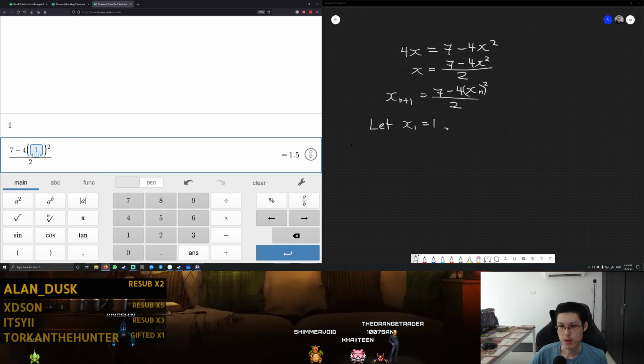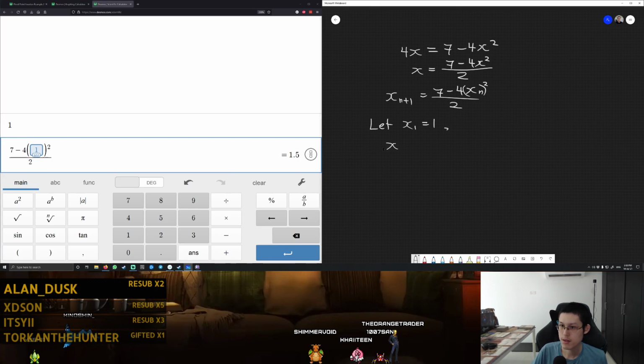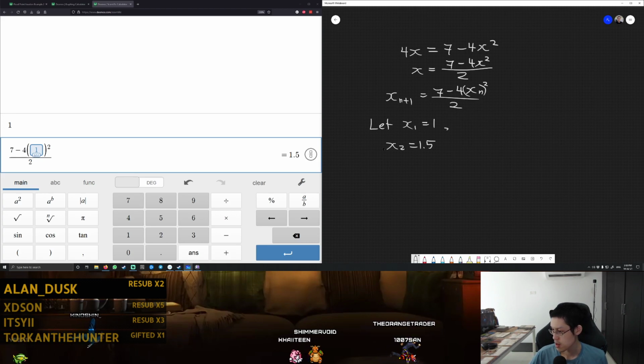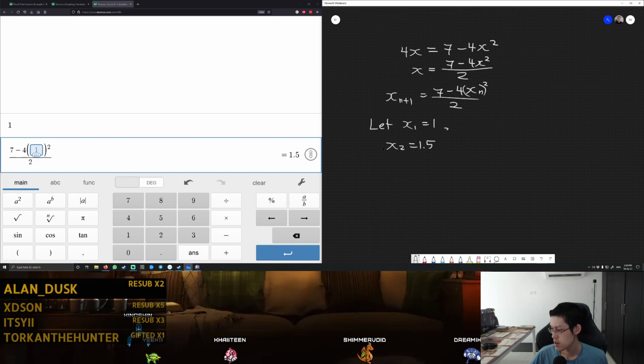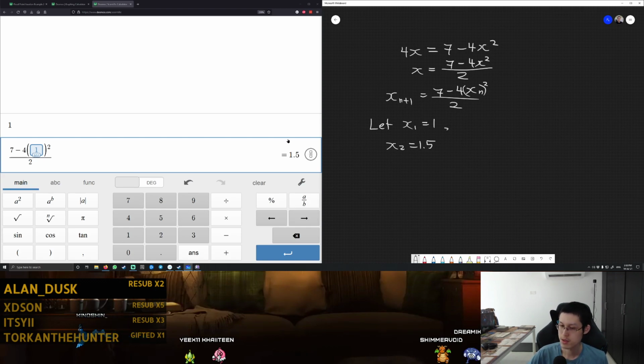So we have 1.5. The fraction is on the right side, over there. Oops. Thanks for that.